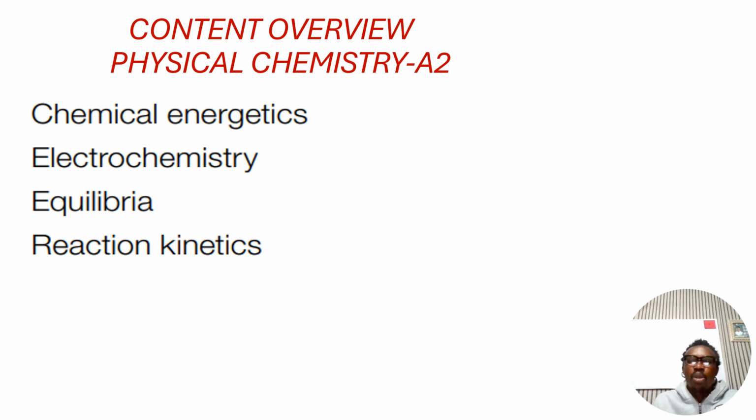Under electrochemistry, we'll talk about electrolysis, electrolytic cell, and electrochemical cell. Under equilibrium, we'll talk about ionic equilibrium, partition coefficient, solubility product and the rest. Under reaction kinetics, we'll talk about rate of reaction, first order, second order, zero order reaction, and the rest. So for physical chemistry, these are the content overview.